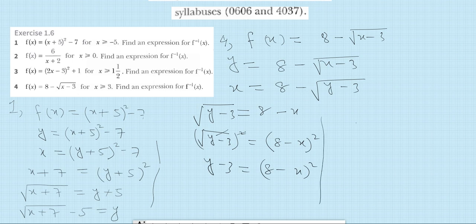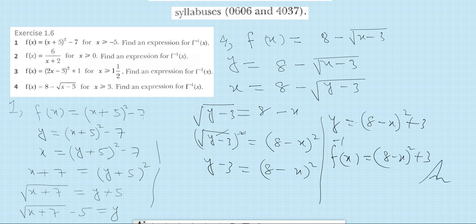Shift this minus 3 on the other side. y is equals to 8 minus x whole square plus 3. And the final step is to replace this y by f inverse x. f inverse x is equals to 8 minus x square plus 3.